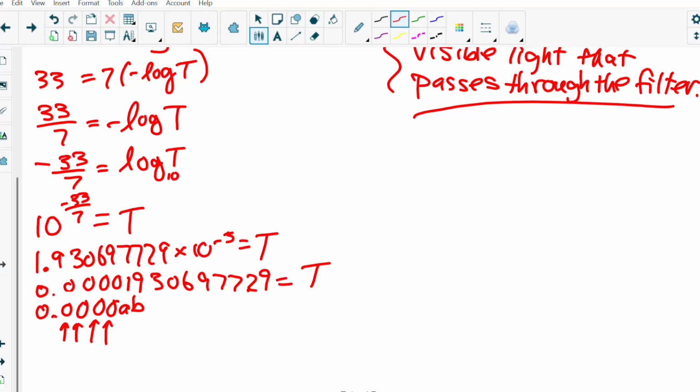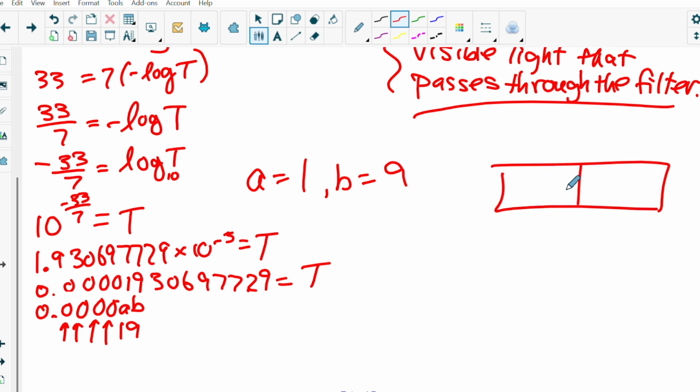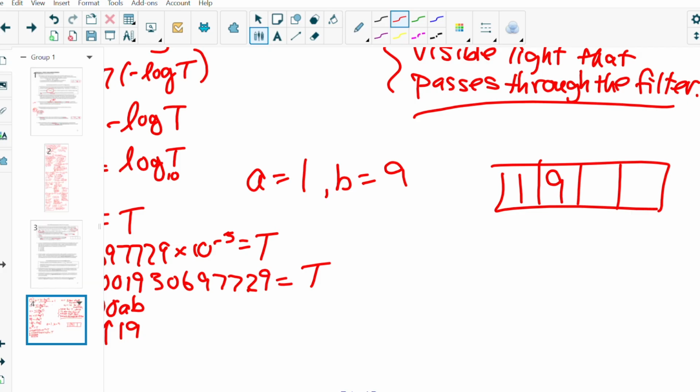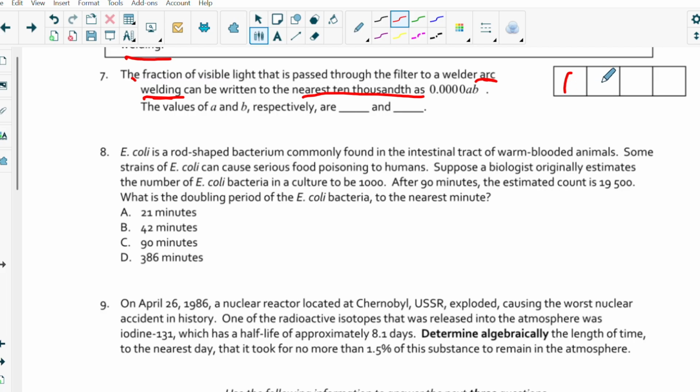Okay, so AB would be 1, 9. So A equals 1, B equals 9. Okay, so let's go back. 1, 9.